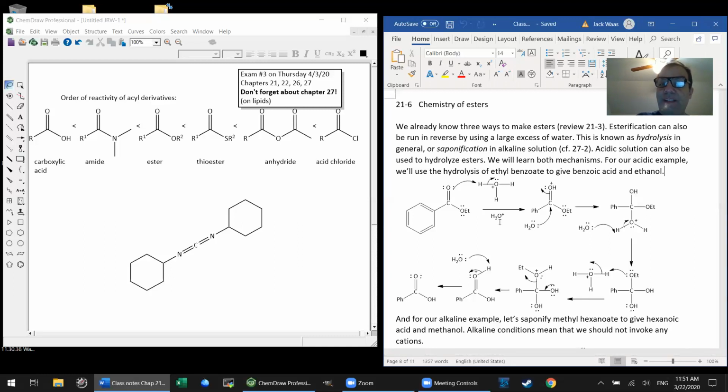And so in dilute aqueous acid, our acidic species is going to be the hydronium ion. So we'll use that to put the proton onto the carbonyl oxygen. Again, that's not something memorized beforehand. That's something that we observe and make a decision about at the time we face the problem.